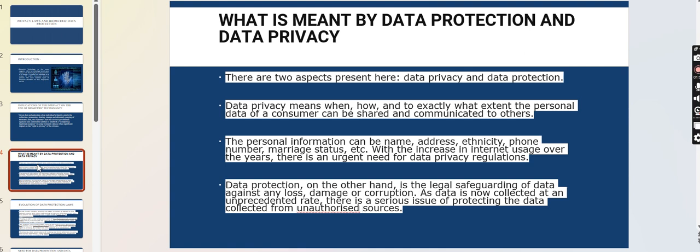Therefore, these acts are made. Data is now collected at an unprecedented rate, so there is a serious issue of protecting the collected data from unauthorized sources. This basically means that if someone is giving their private data to any technology, there should be an act that regulates the person's privacy.